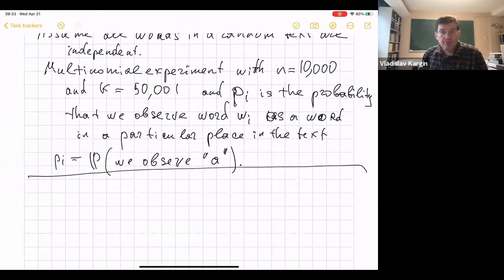Now, what are the properties of this random variable? Properties of the multinomial distribution.